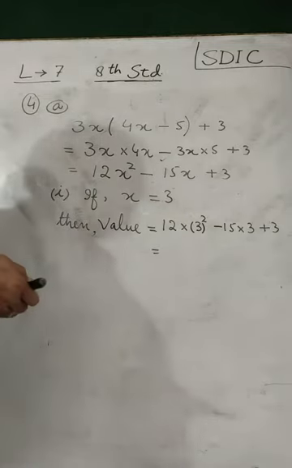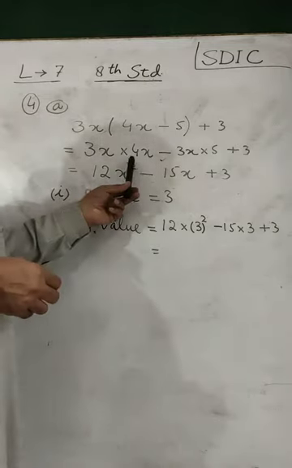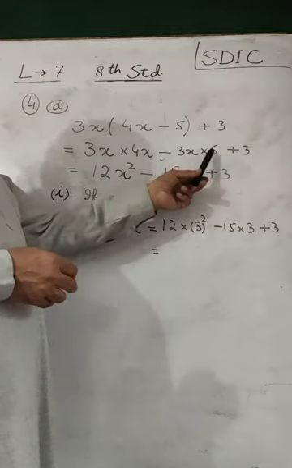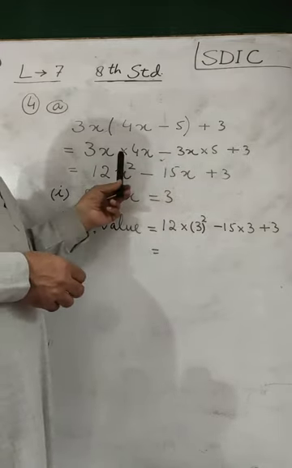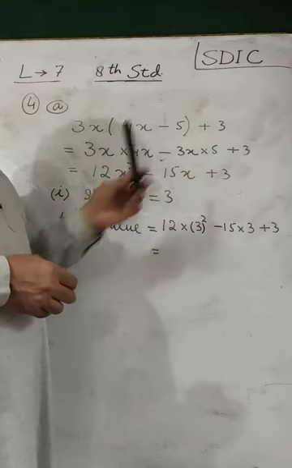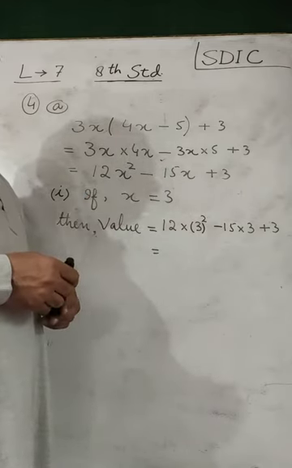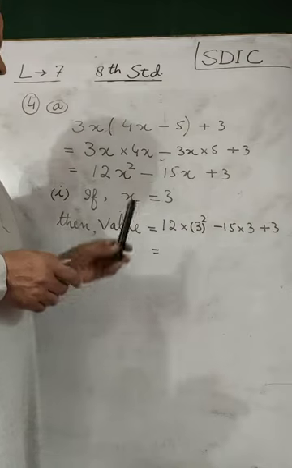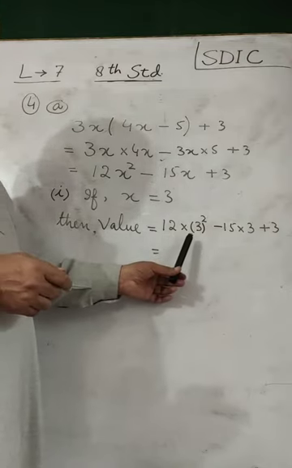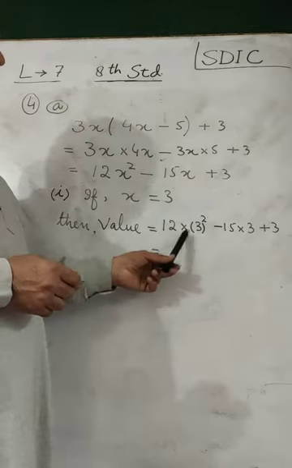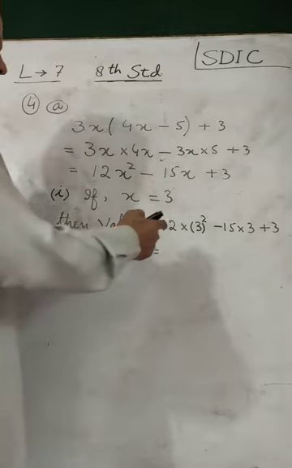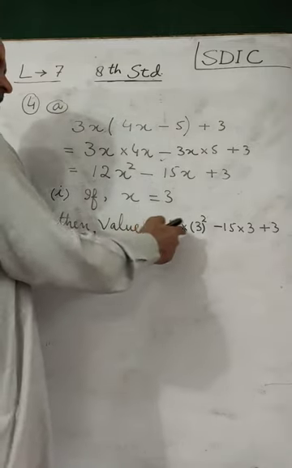Further simplified. As I said, here we did not add 3 and 5 first, and we did not subtract here, because multiplication is preferred over addition and subtraction. BODMAS rule we use. Likewise here you have to first multiply. The multiplication here is between 12 and 3 squared.